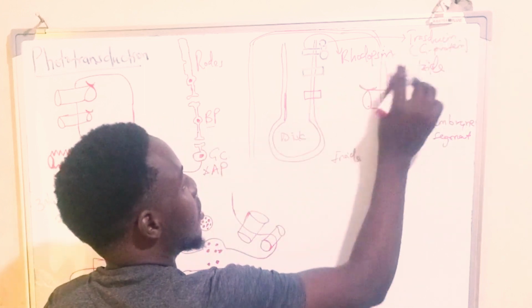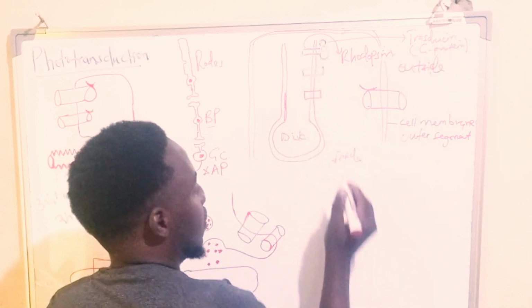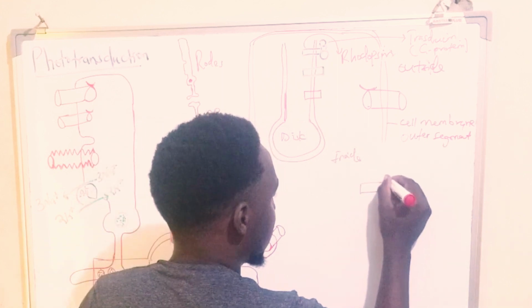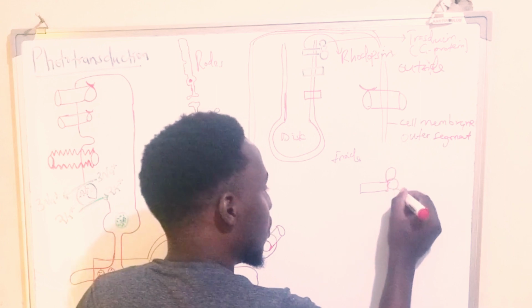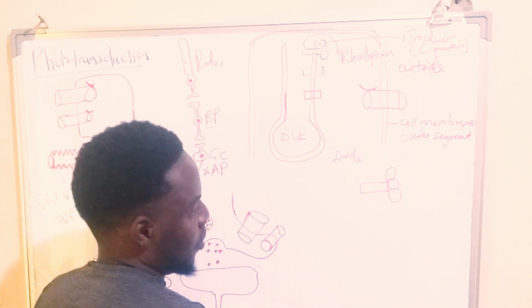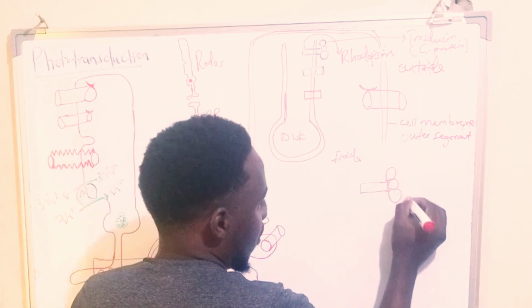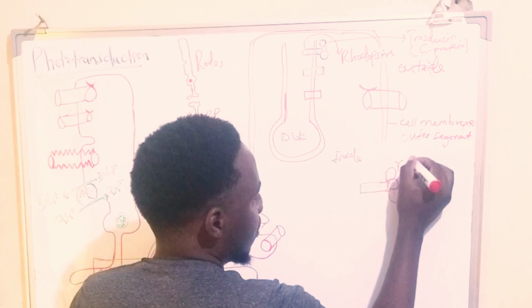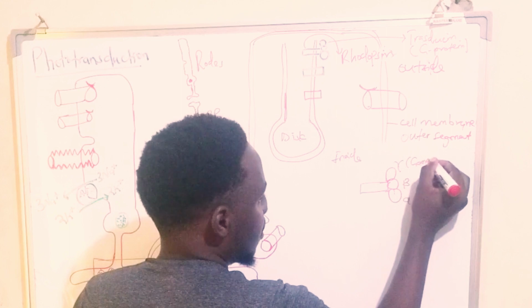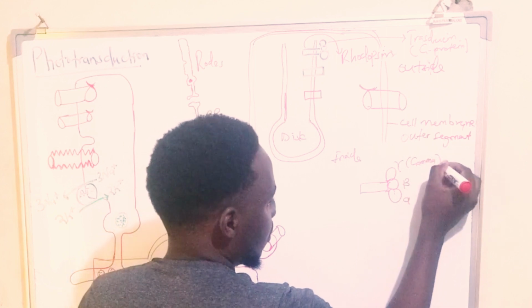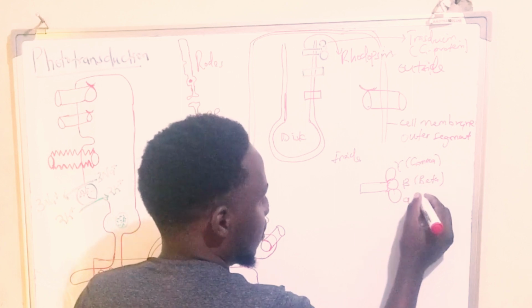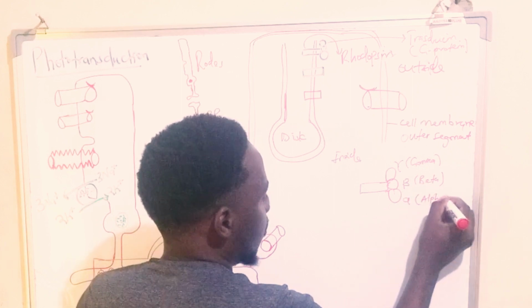This G protein has three subunits: the alpha subunit, the beta subunit, and the gamma subunit. This one is the gamma subunit of the G protein transducin, this one is the beta subunit, and this one is the alpha subunit.